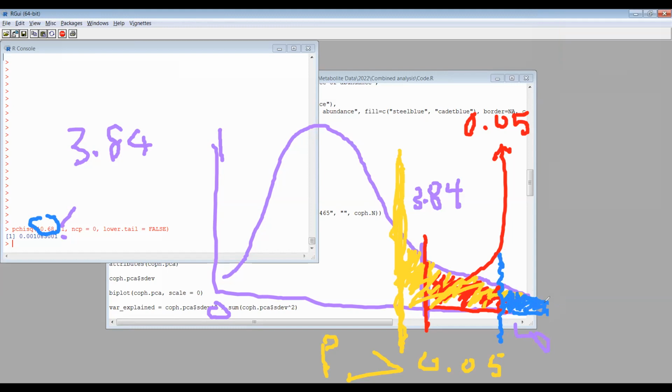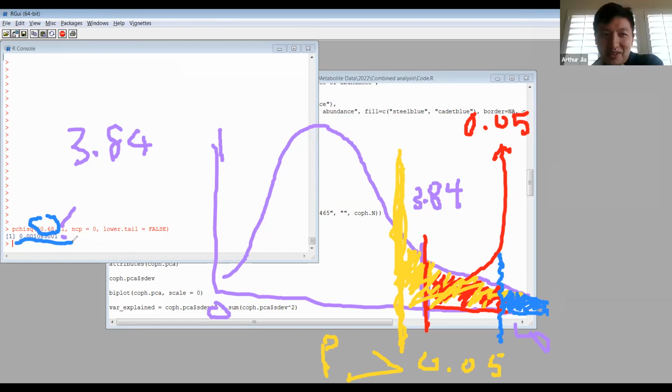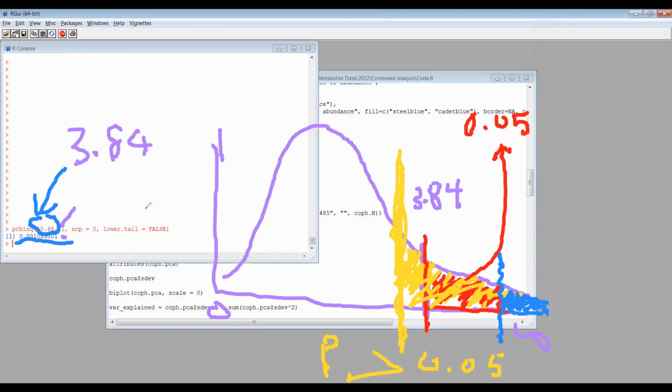It's less than 0.05. Yes. So in this case, you see a big test statistic that is associated with a small p-value, and this will help you reject the null hypothesis, right? Yeah, absolutely.